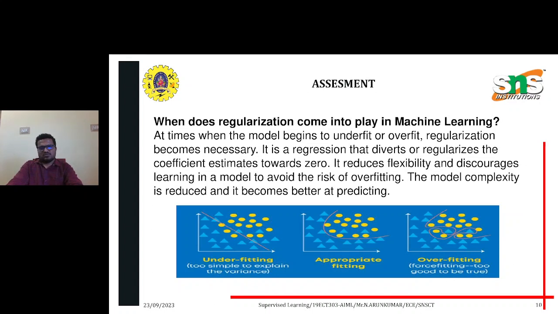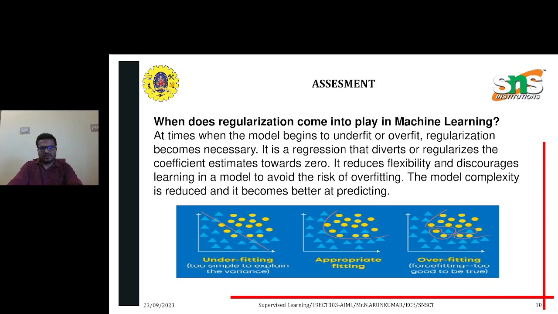Assessment. When does regularization come into play in machine learning? Even though we have a lot of techniques in this model, how can we predict whether the data is right or wrong, or whether it is linear or non-linear?